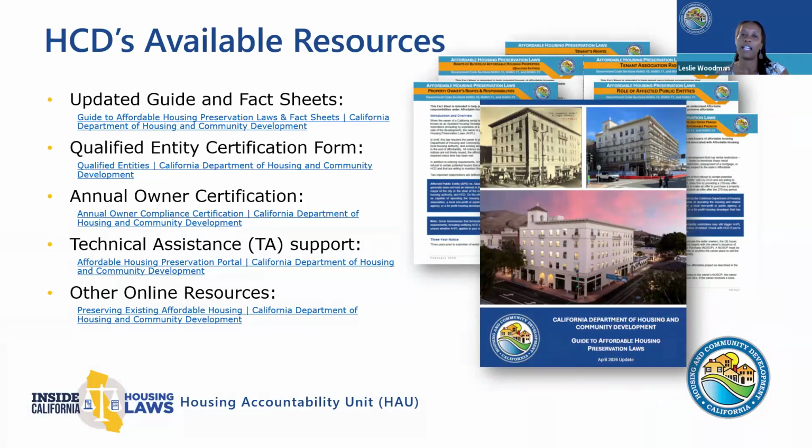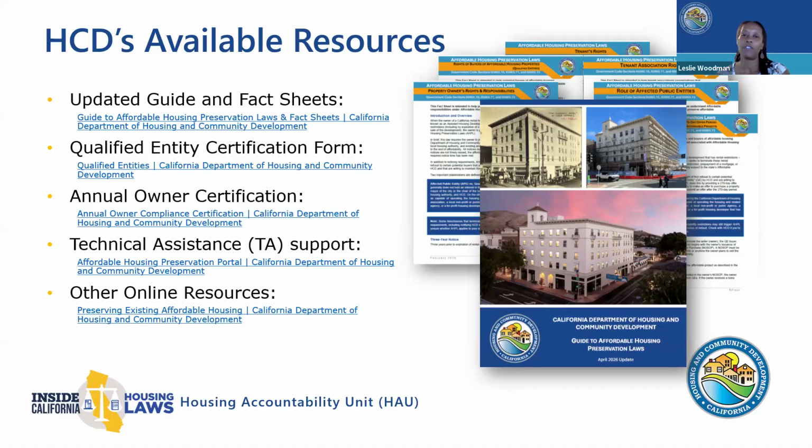This updated guide describes the overall purpose of APPLE and the various processes embedded in the laws, such as the sale and preservation of affordable housing properties, annual certification of assisted housing development, notices to tenants and affected public entities, as well as HCD's role in implementing these laws.